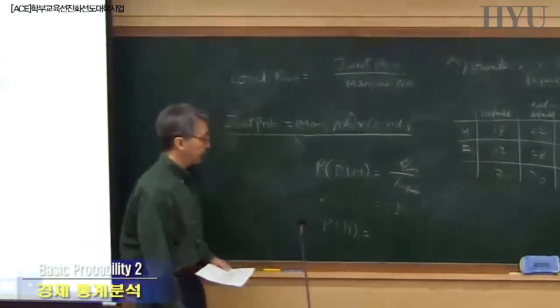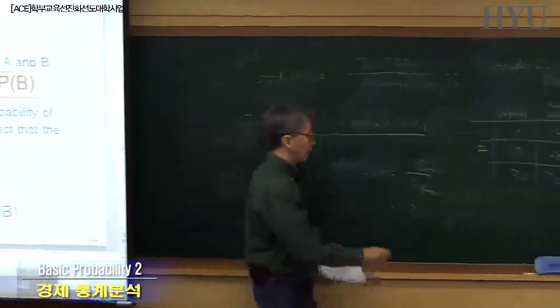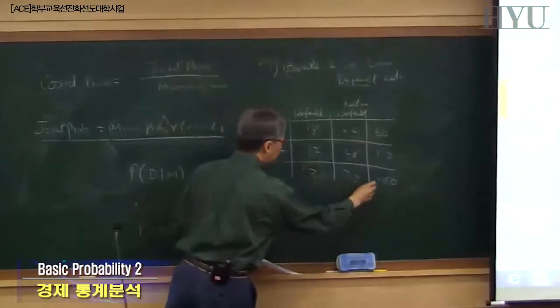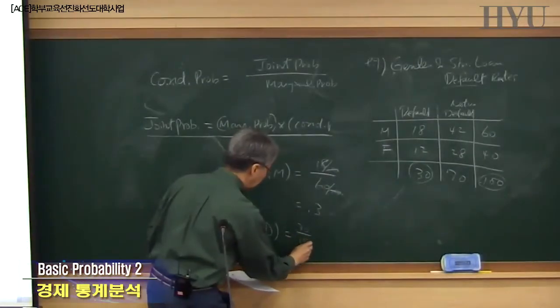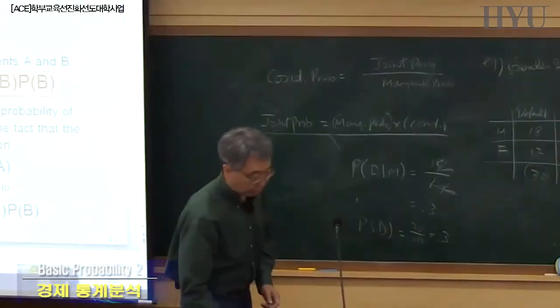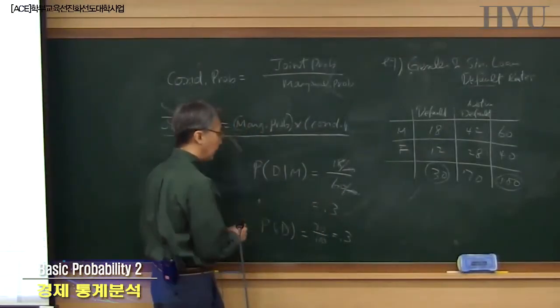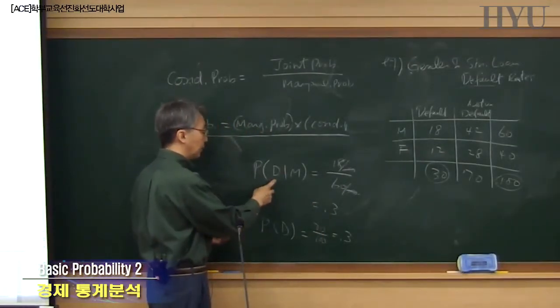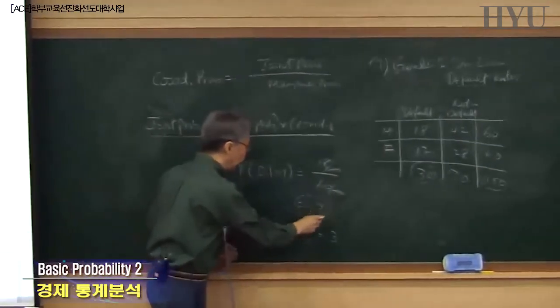Well, what about the probability of default? What's the marginal probability of default anyway? That's 30 out of 100, which is 0.3, right? So here we find the probability of D, being in default, given that the person was male, is 0.3.